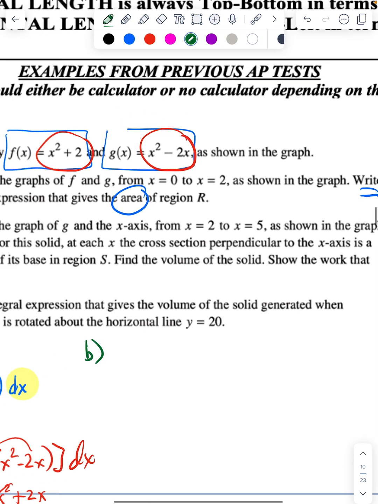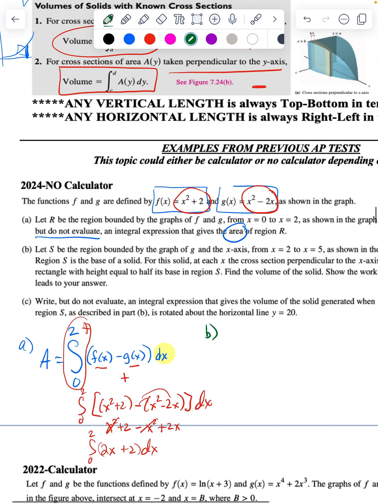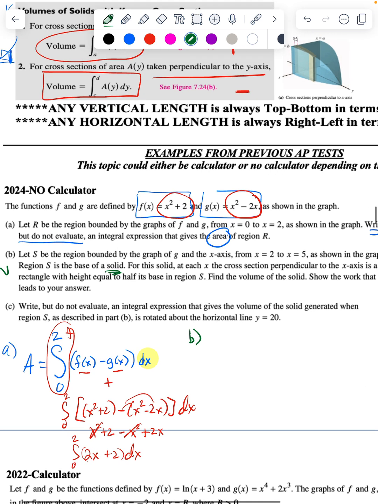Alrighty, we are going to do volume with, it says the region S is the base of a solid. So we're talking about volume. For the solid, at each x, the cross section perpendicular to the x. So as you're reading that, you're like, okay, no pi, because I'm not rotating, so I'm not doing a circle.